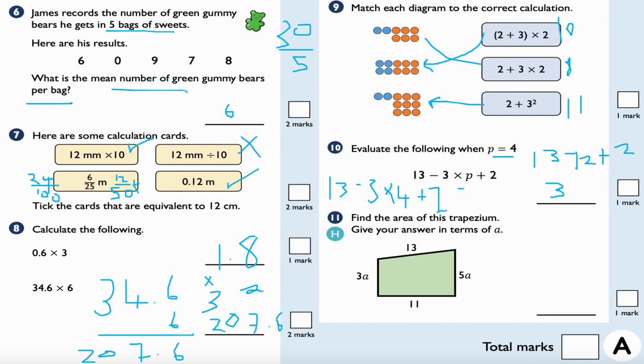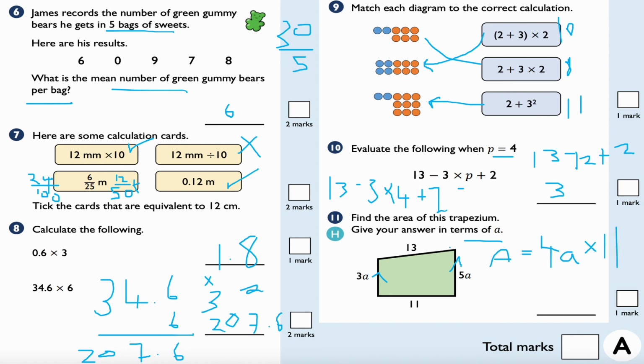Okay, this is question number 11, guys. So this is like an extension style question. Find the area of this trapezium. Give your answers in terms of A. So the formula is the sum of the parallel sides. So these two sides are parallel. So it's 3A plus 5A, which is 8A, divided by 2 is equal to 4A. And then I multiply it by the perpendicular height, which is actually equal to 11.